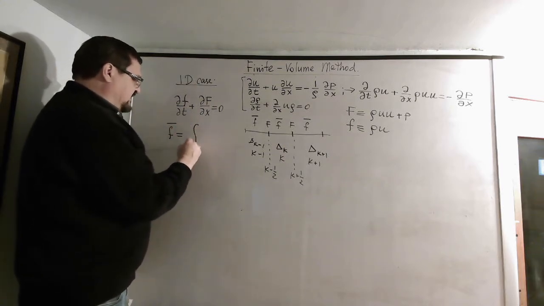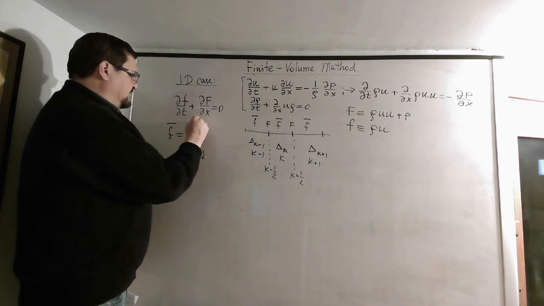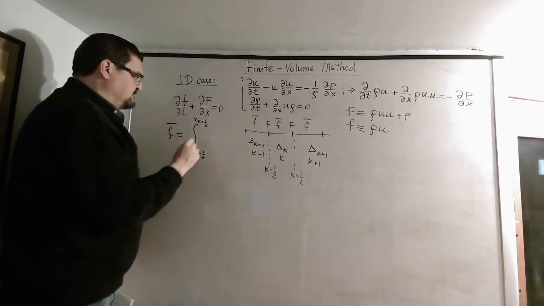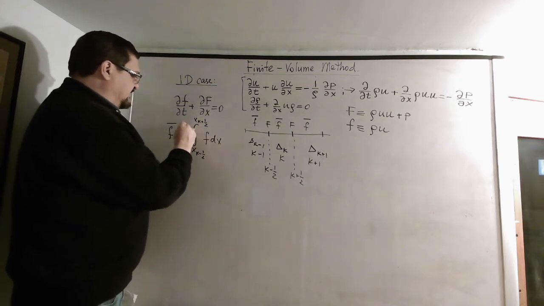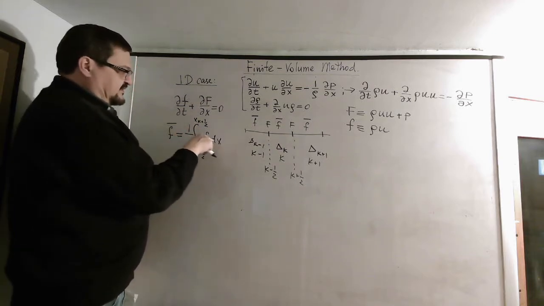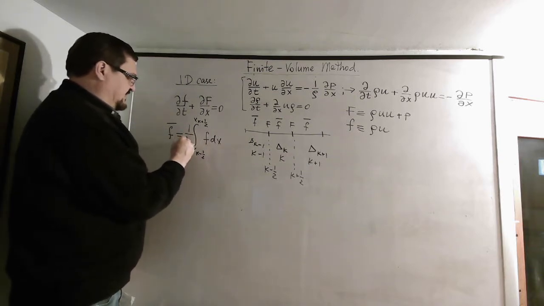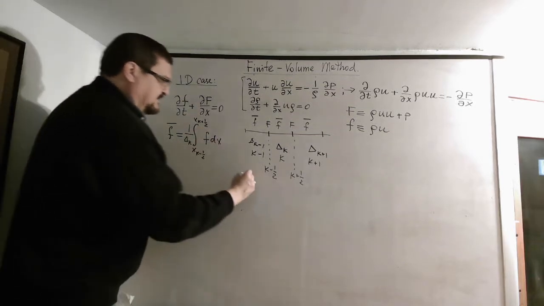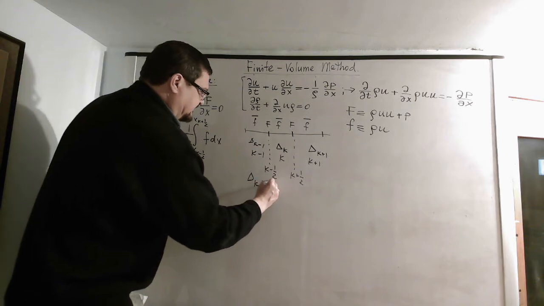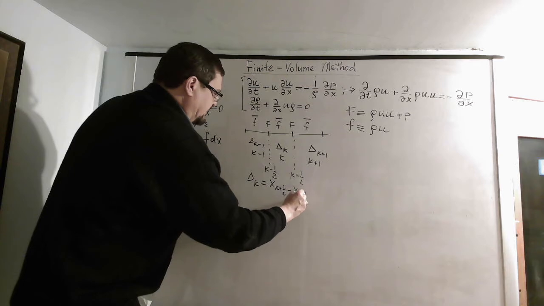It's the integral from x k minus 1/2 to x k plus 1/2 of f dx, divided by the integral of dx, that is, divided by the size of the interval delta k. So delta k equals just x k plus 1/2 minus x k minus 1/2.